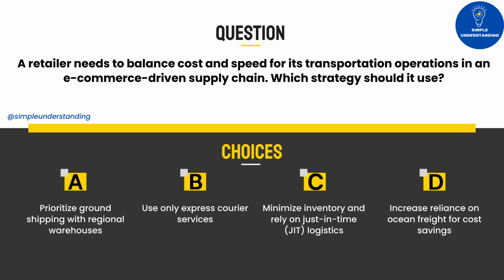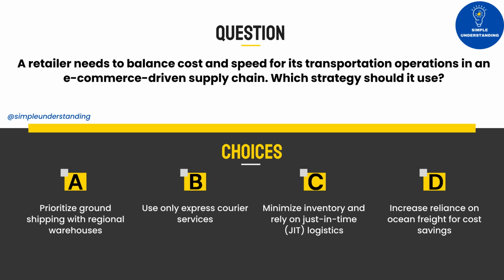4. A retailer needs to balance cost and speed for its transportation operations in an e-commerce-driven supply chain. Which strategy should it use? A. Prioritize ground shipping with regional warehouses. B. Use only express courier services. C. Minimize inventory and rely on just-in-time (JIT) logistics.